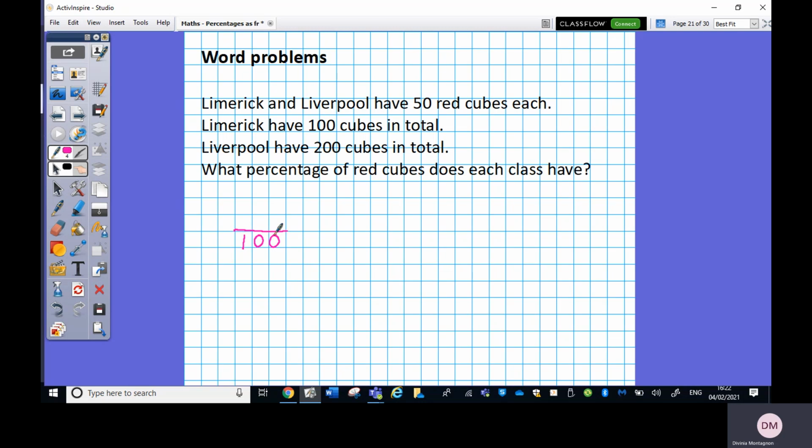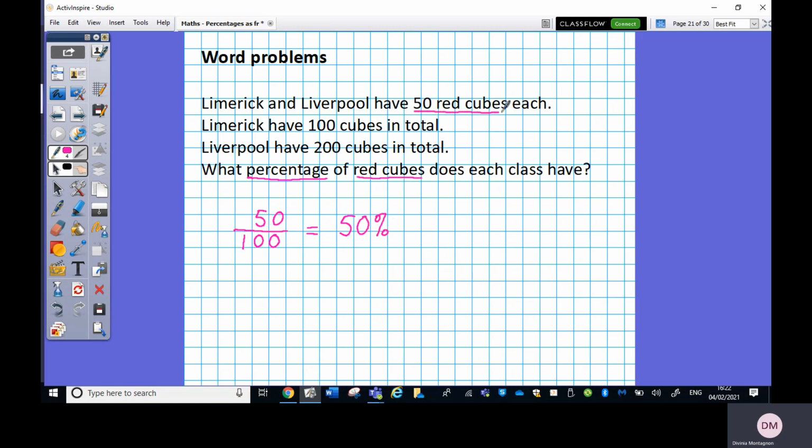How many of those cubes are red? Good, 50. Okay, so how would we write that as a percentage? Because we need to find what percentage of red cubes does each class have. Yeah, we know 50 hundreds equals 50%.